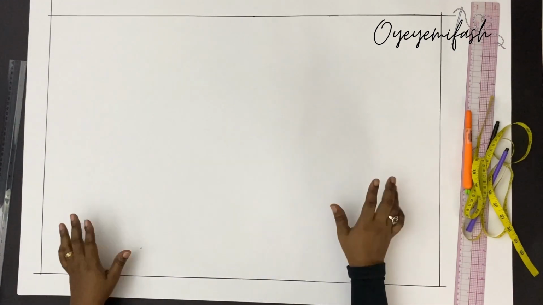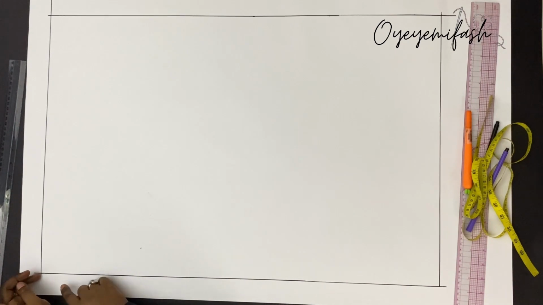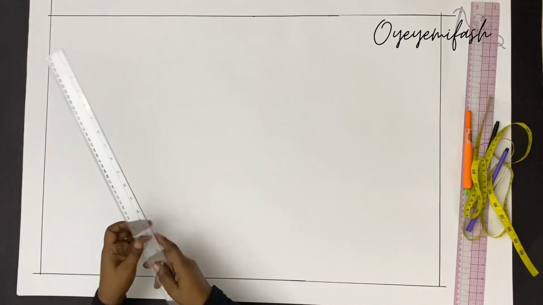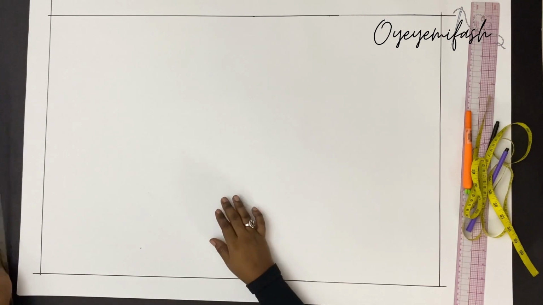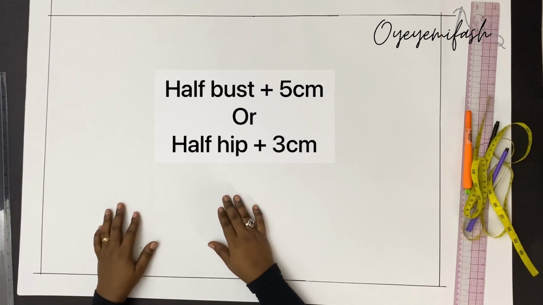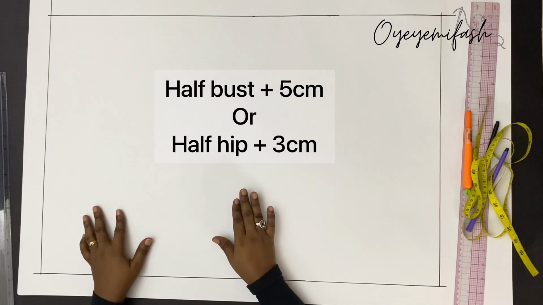Drafting our pattern, we need to make sure that our pattern paper is big enough to accommodate this box. The length of this box, from this point to this point, is 75 centimeters, while from this point to this point here, it is going to be half bust plus 5 or half hip plus 3 centimeters.